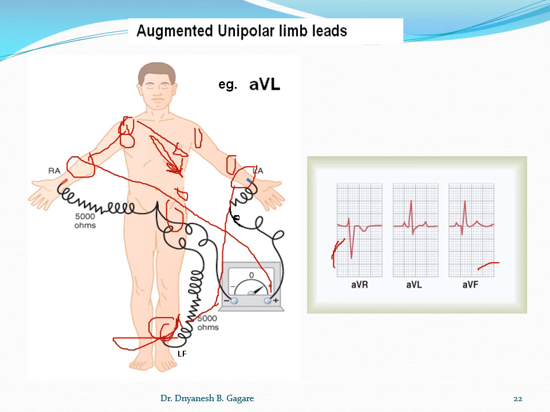P wave, QRS complex, T waves, then intervals and segments, and we are studying the normal waves. We'll also continue with when these waves become abnormal, in case there is a problem in the heart, how it reflects on the ECG, which will be studied in further lectures.